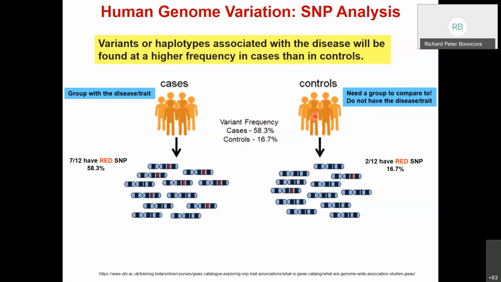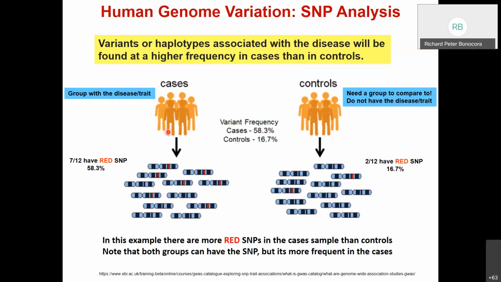If we look at the controls and count this up, 2 out of 12, or 16.7%, have this SNP. So this variant is more prevalent in the individuals who have this disease.